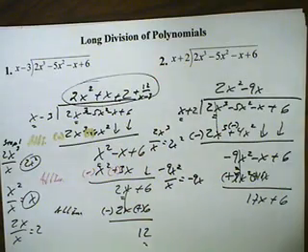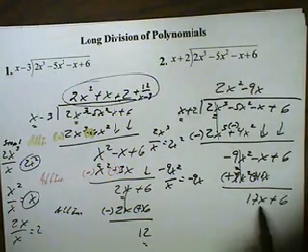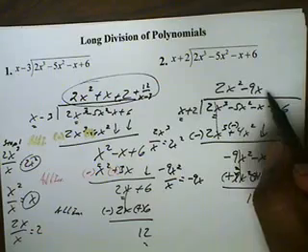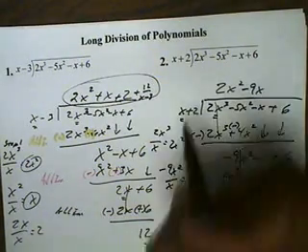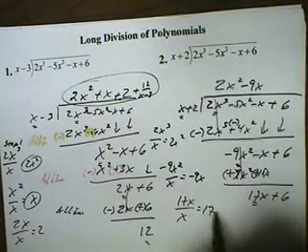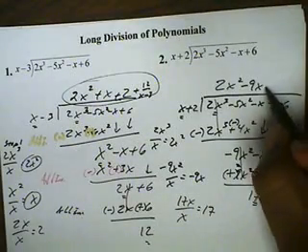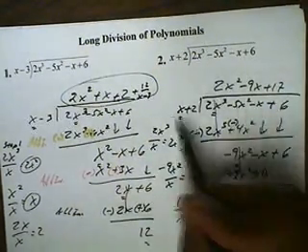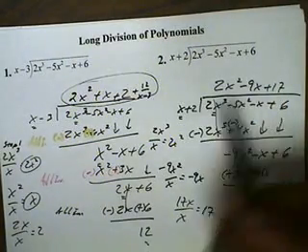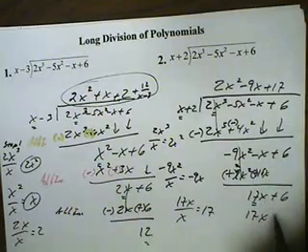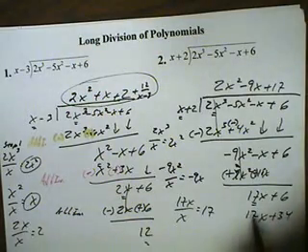Let's take 17x divided by x, the first terms divided by each other, I get 17. So, plus 17. 17 times x is 17x. And 17 times 2 gives me 34, so positive 34.